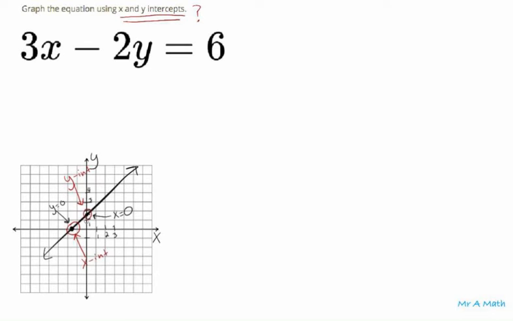Which is really helpful, because now I can go back to this equation here and say, okay, here's what I've learned. My x-intercept is when y is equal to 0, and my y-intercept is when x is equal to 0.